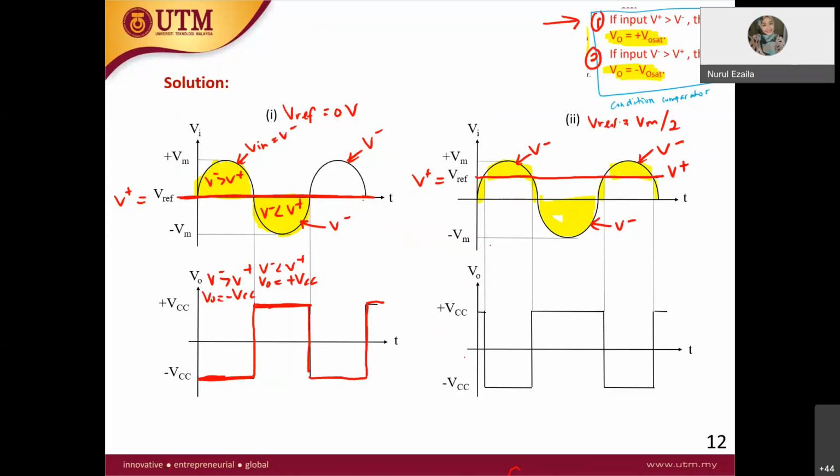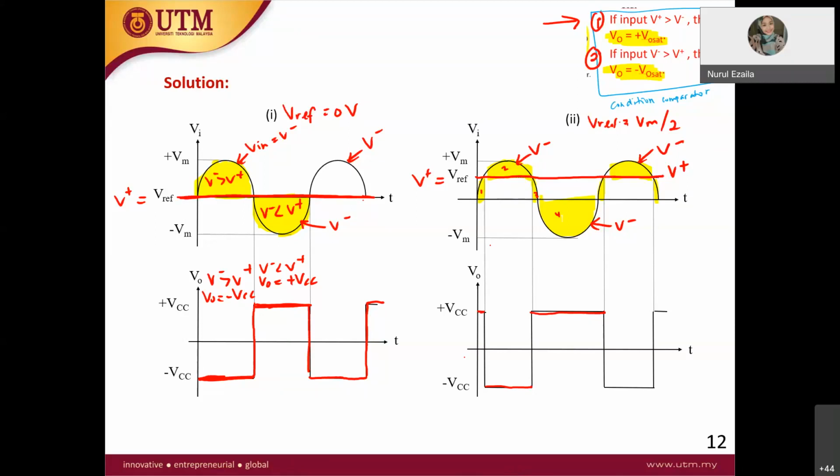Means that you need to do 1, 2, 3, 4. The other cycle is the same. So if you apply the same method, you will get it like this. Here is the output for this part, and here is the output for this part. You can try again and check your answer. Can you all do this on your own?